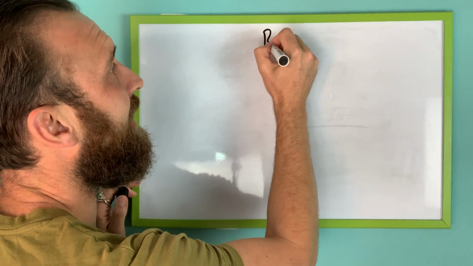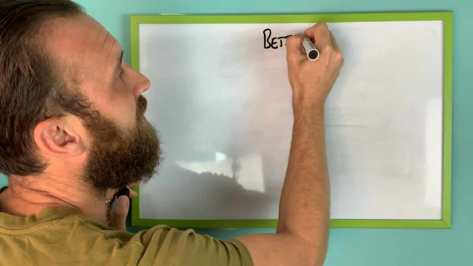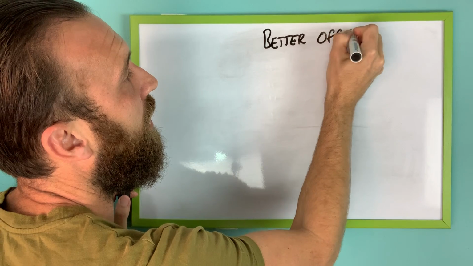And you know it's exactly true because you go to the sales and you buy things you don't need in the sales simply because they're on offer. So what you need to do is create a better offer. Simple, isn't it?